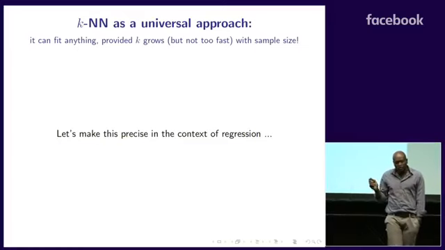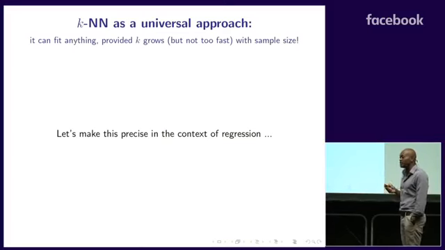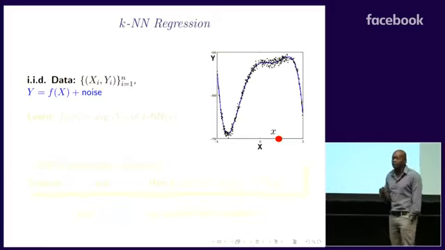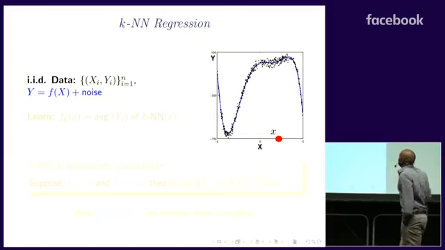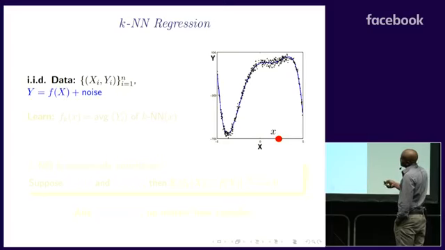To make it more precise, I'll just take the case of regression. However, much of the intuition will be true for classification also, and for density estimation and such. So let's consider nearest neighbor regression. First I'll define it. Here is a cartoon of a regression line, some function f that we want to fit. We assume that we obtain y, the label, as the function f plus some noise.